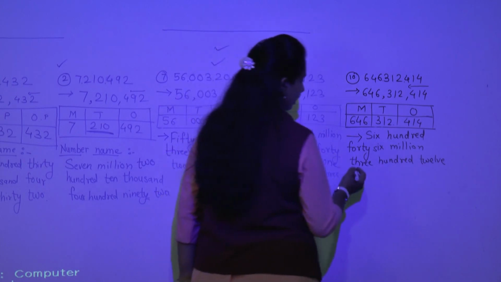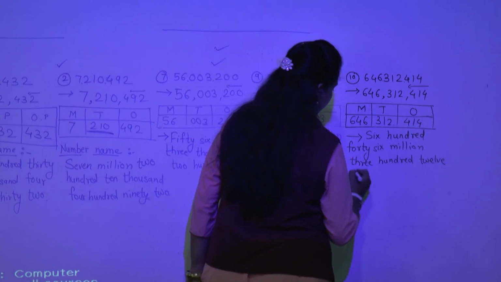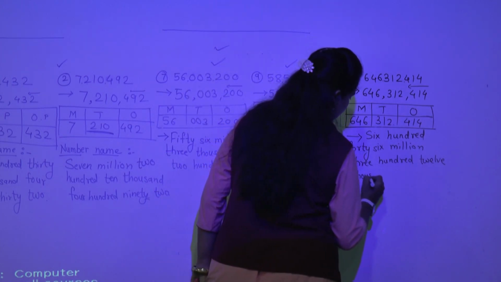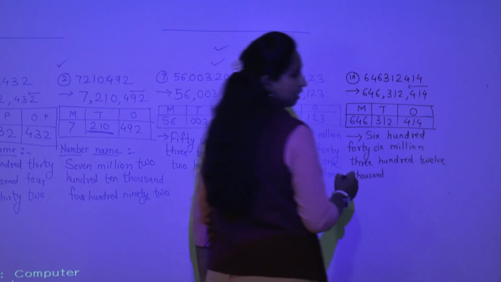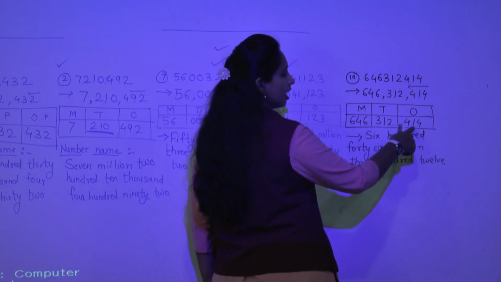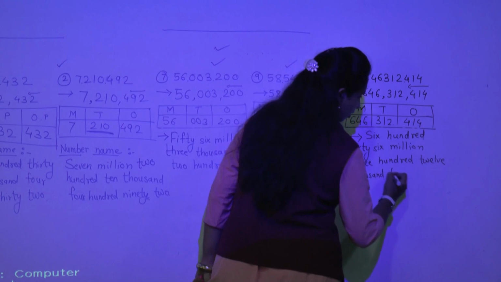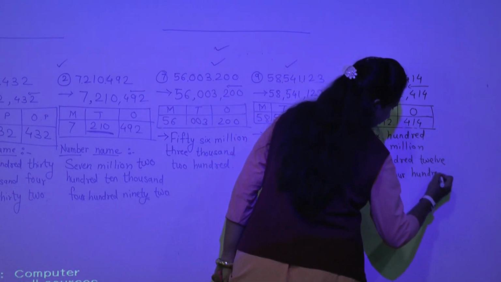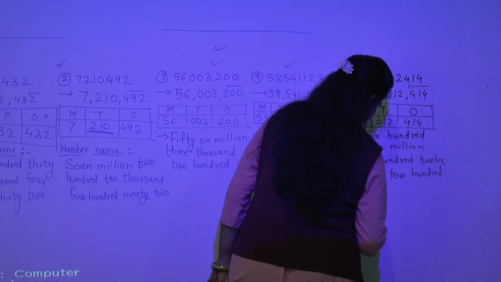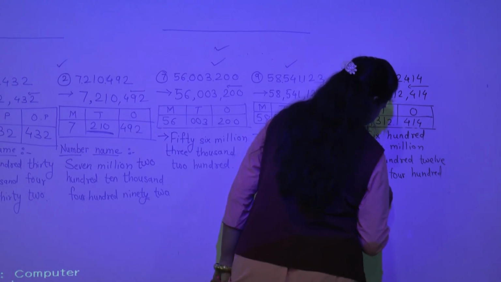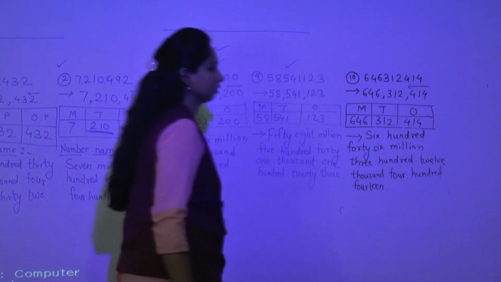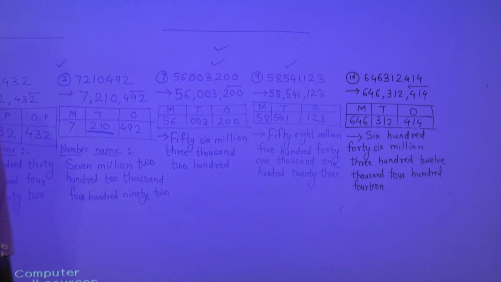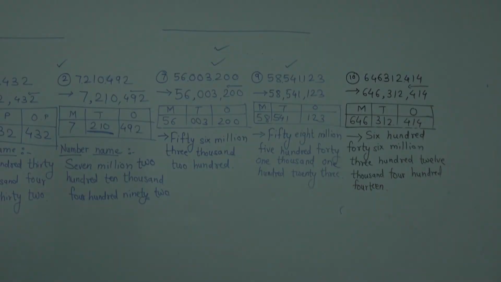Don't forget to write 312,000. And the last is 414. Clear, students? Is it clear? I hope everyone understood well.